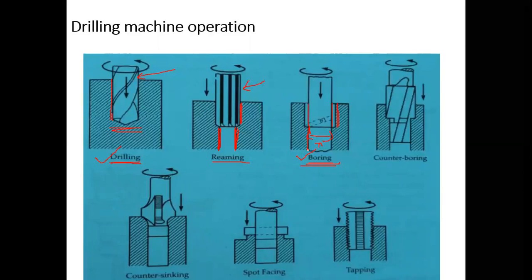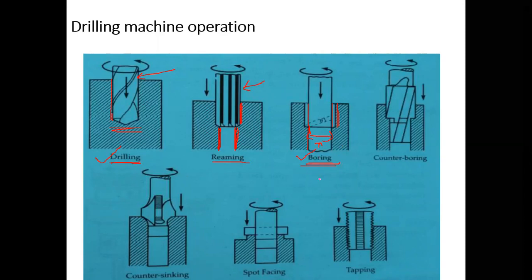We have seen that with a sensitive drilling machine, the maximum we can make is a hole of 15 mm. So in that case, if you want to make bigger holes, what do we need to do? Initially, we make the standard size of hole, 15 or whatever is possible. And later, you need to enlarge the hole. So enlarging the hole is called boring. These boring machines we can discuss in the next class.